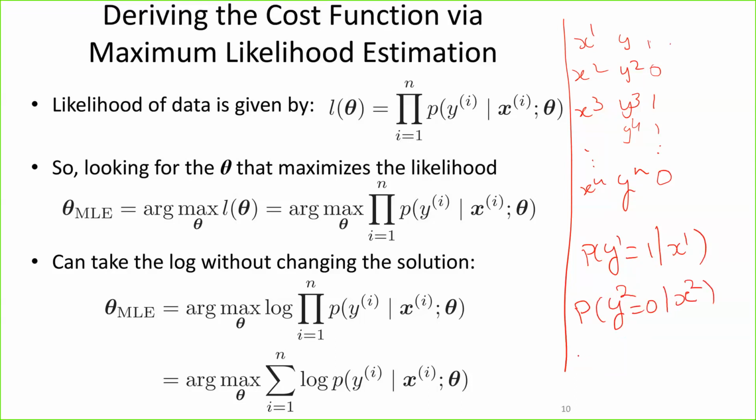Can you tell me what I should maximize when x3 is given: probability of y3 equal to 1 or 0? y3 equal to 1. Similarly for y4? y4 equal to 1. For yn, when xn is given? Probability of yn equal to 0 whenever xn is given, right?